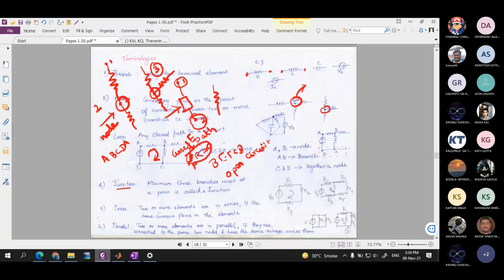Then series and parallel. I hope that you are aware of series and parallel combinations. In a series path, two or more elements are connected, and the same current flows through the series path. Whereas in a parallel combination, the same voltage appears across the parallel combination.